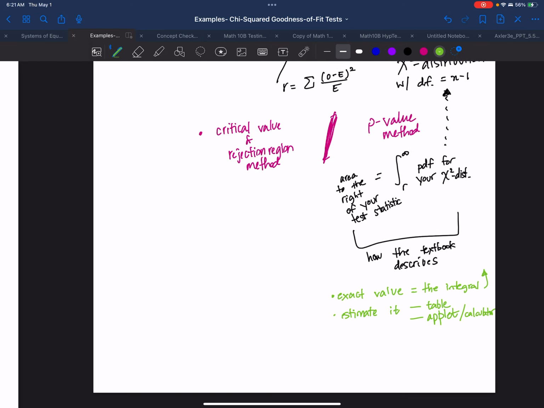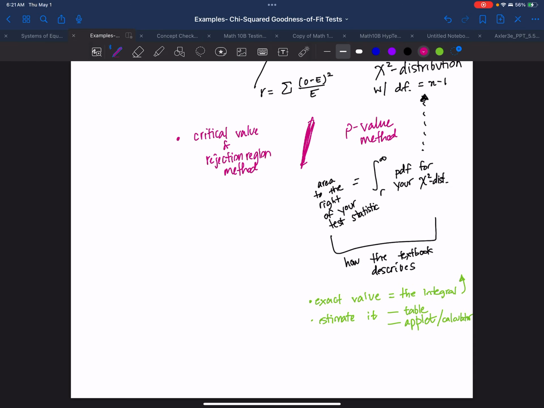Okay. When we're looking at the critical value rejection region, you find the location on the horizontal axis that results in the area to the right equaling your alpha.